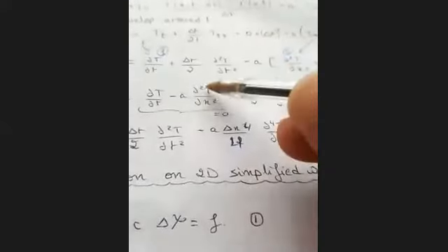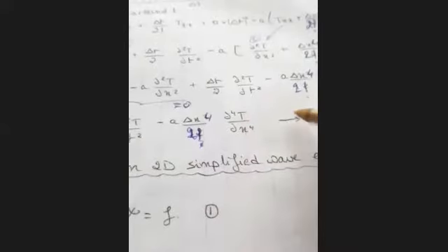Did you see it? 1 plus 2 gives dT over dt minus a d square T over dx square, which is maybe bigger than this value.